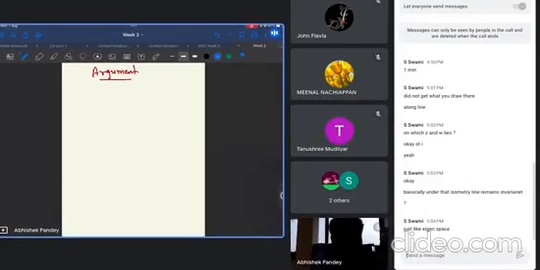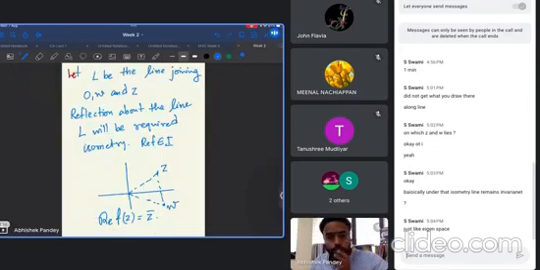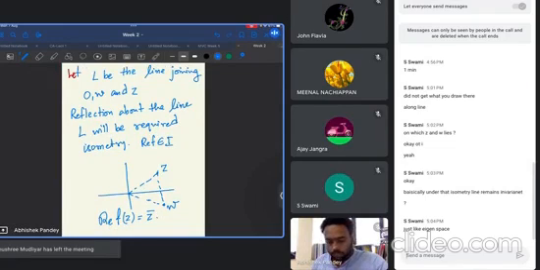Basically, under that isometry the line remains preserved. Exactly. So whatever reflection you take about a line L, that line will be preserved, so Z and W will be preserved.